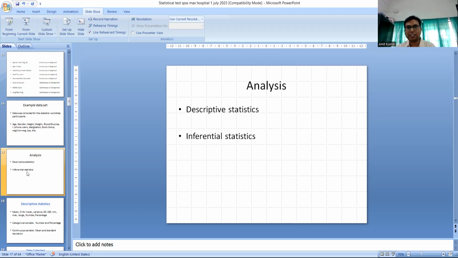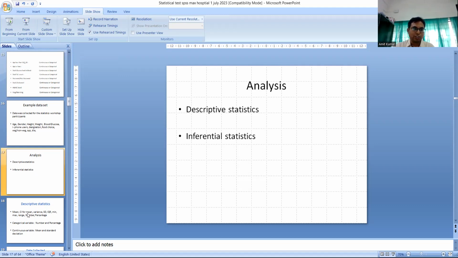And another is the inferential statistics, where we try to take the inference. Inference means we are comparing the two groups and we are getting the p-value. So p-value will tell us whether the groups are significantly different or not. In the descriptive statistics, we do not calculate any p-value. In the inferential statistics, we calculate the p-value to know whether our groups are significantly different or not.